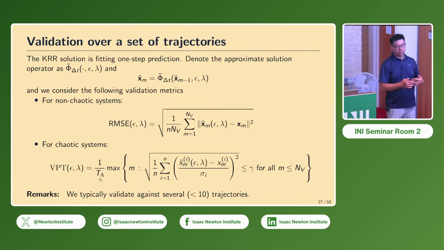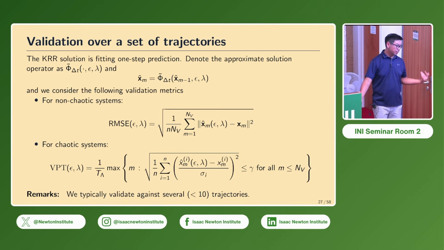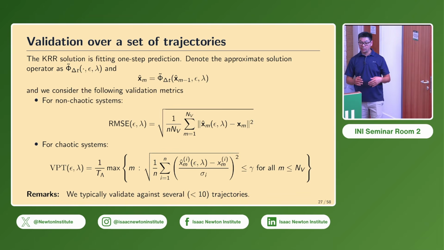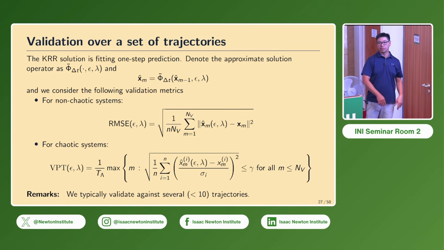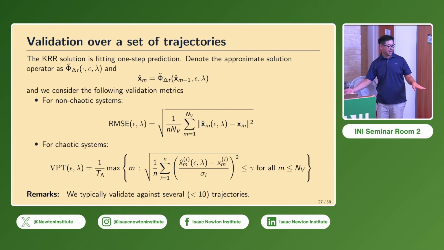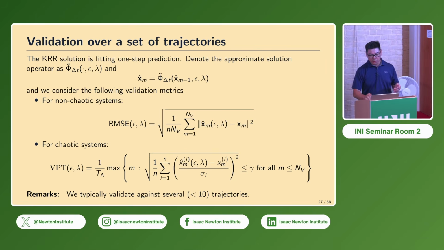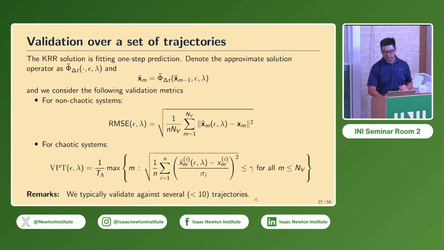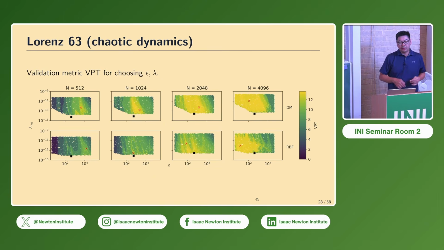So this is a valid prediction time. This is another metric. You want the longest VPT. The longest VPT you get in validation will hopefully give you the longest VPT in the test set. Usually we test this using several trajectories. So let me show you, yes.